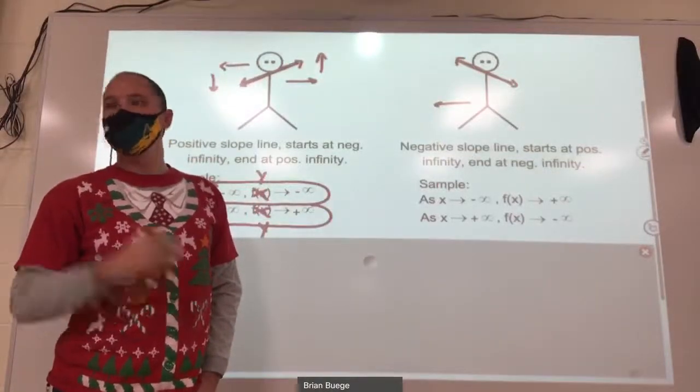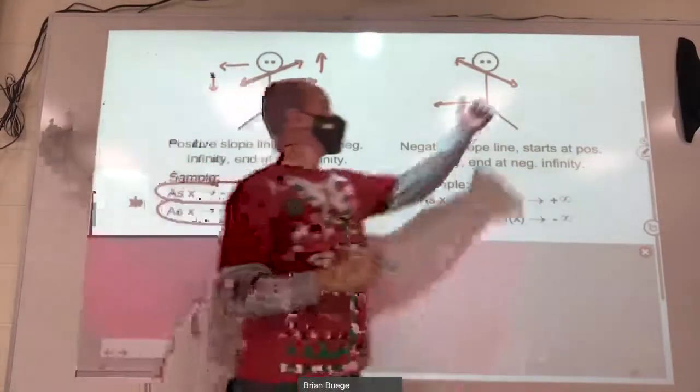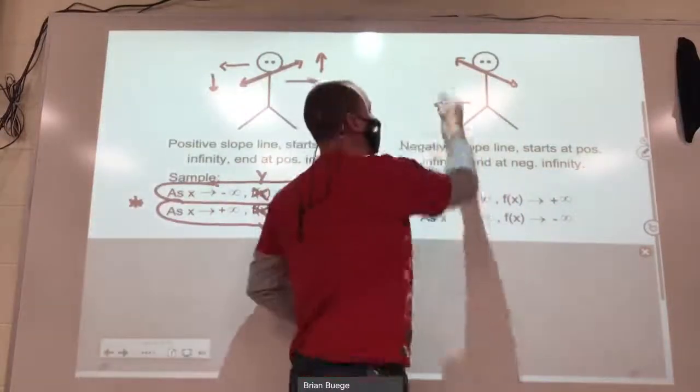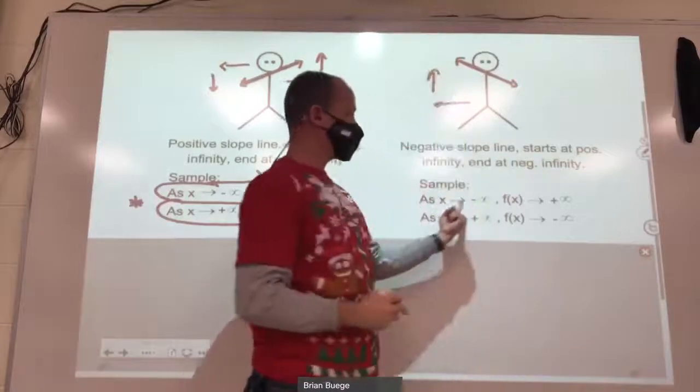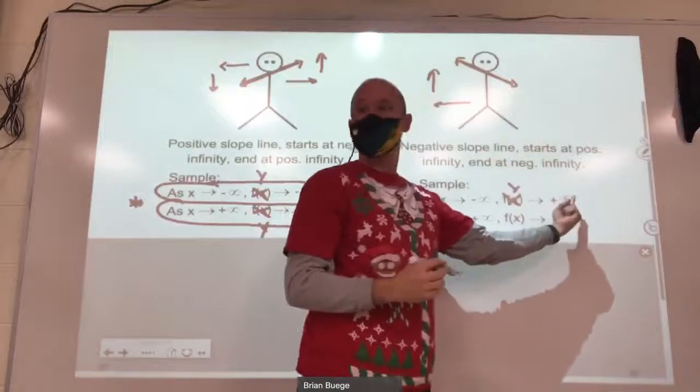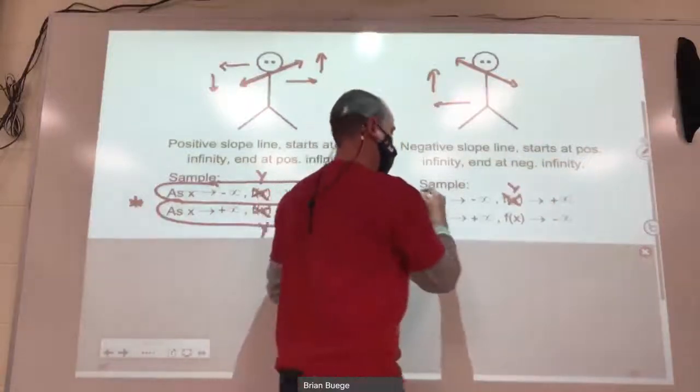Is it going up or down? As I work my way this way, where's the line going? That's going up, right? That's what this says. As x goes to negative infinity, y is increasing up to positive infinity.